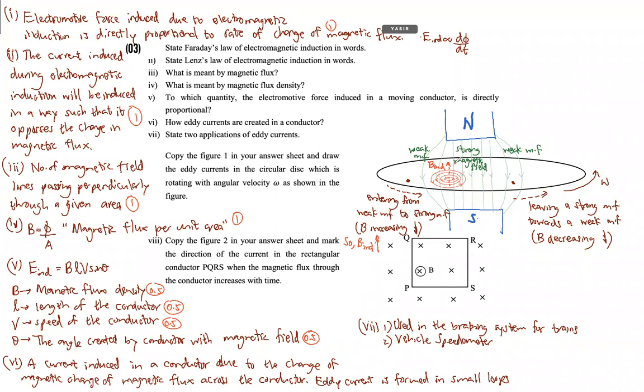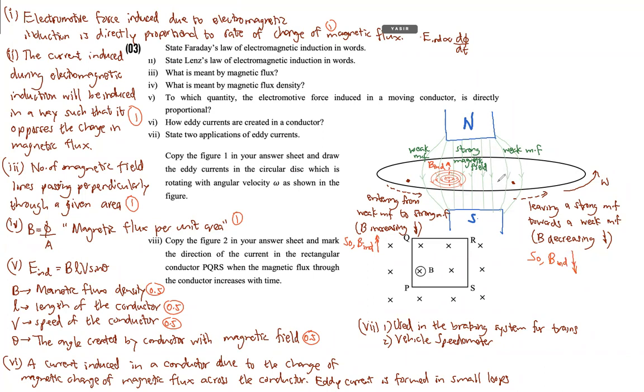If the already existing field is increasing downwards, we should create a magnetic field in the opposite direction to oppose that. Now the already existing magnetic field, when I come out of this because the disk is rotating like this, is decreasing downwards. So what should be the direction of the induced magnetic field? In the same direction.